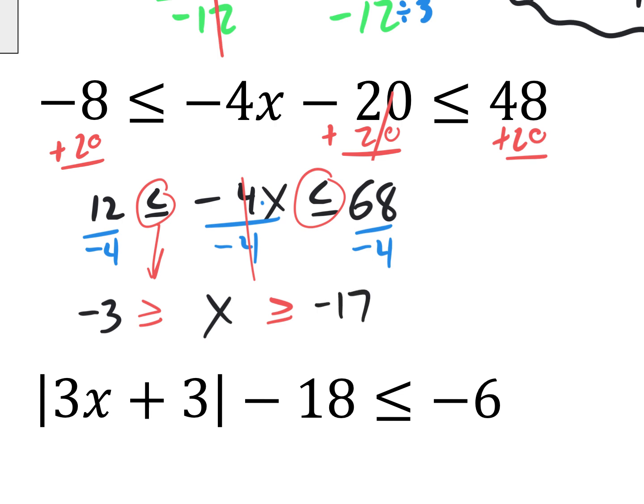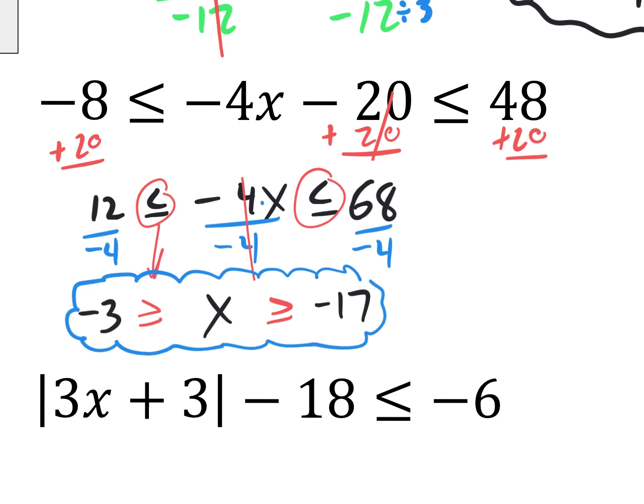Okay, so this is almost fully correct. But whenever we have a compound inequality, you always want to write the smaller number on the left side and the bigger number on the right side, right?